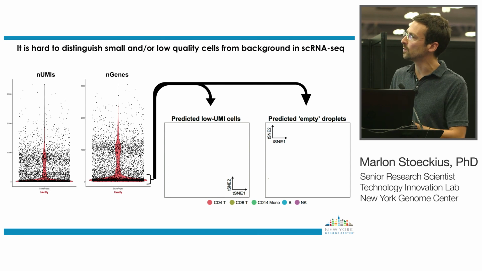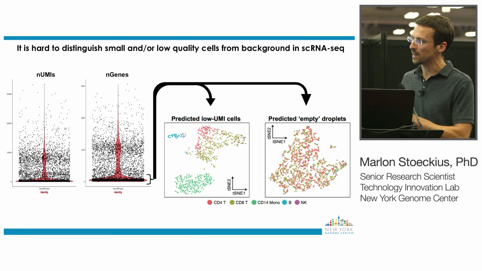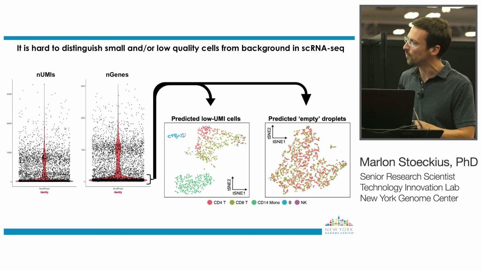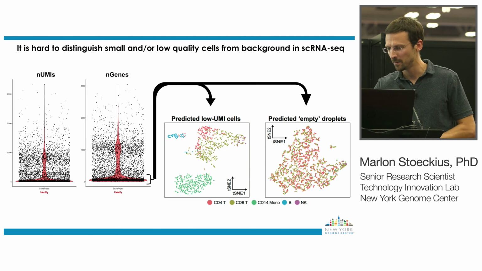And we predict which cells might be real cells, but just lowly sequenced cells, and which is really background ambient RNA. And you see that if we cluster those low UMI cells, they fall into the different populations of cell types you would expect. And the background cells are just a random sort of arrangement.